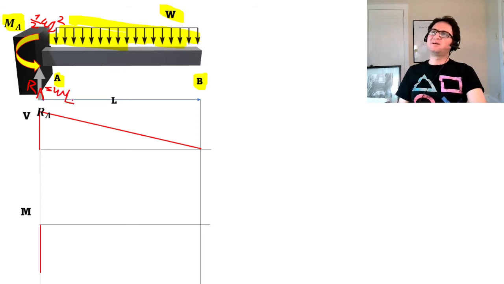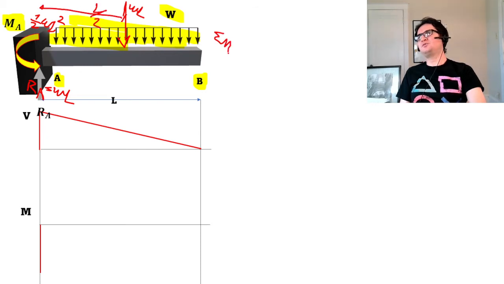And how we can get this moment is to convert the distributed load to a concentrated load of WL placed at the center, and then sum of moments about A equals zero.